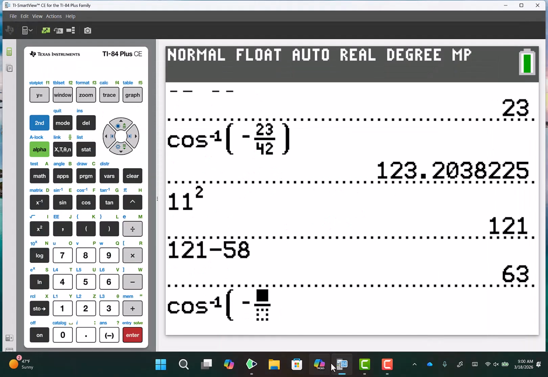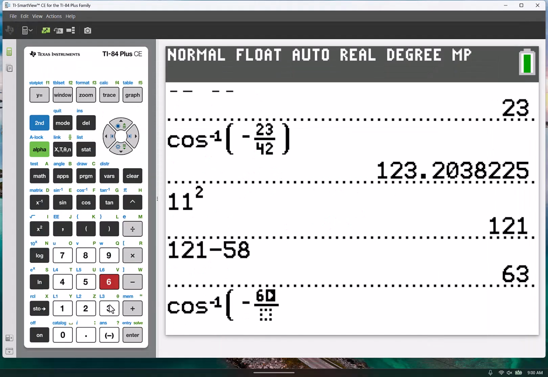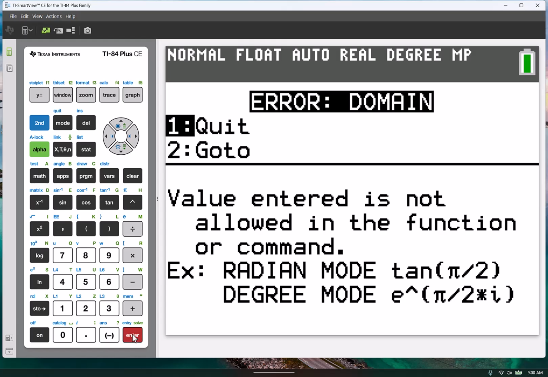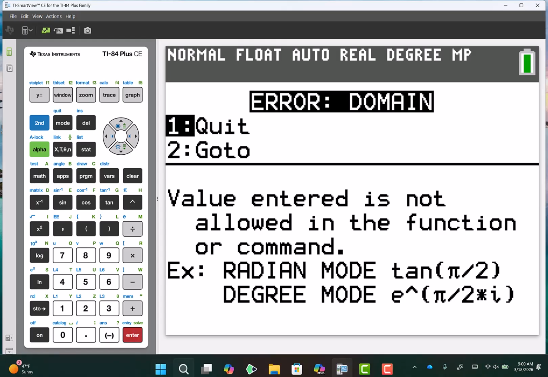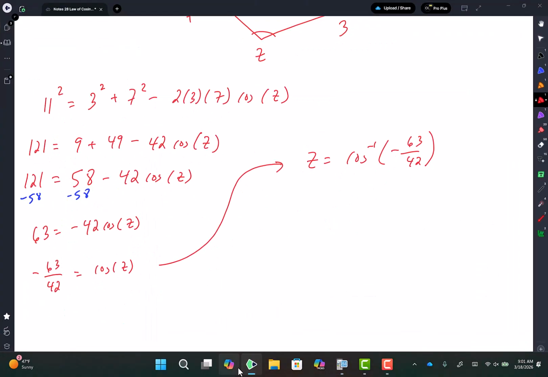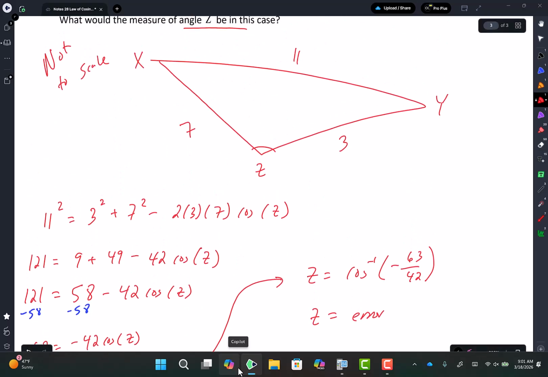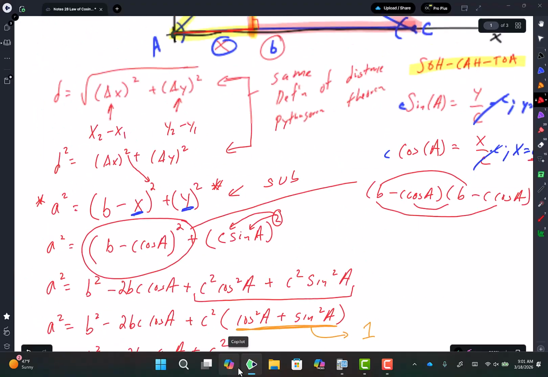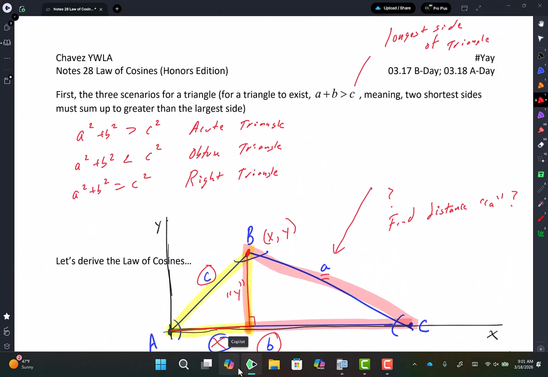What was it? 63 over 42. Look what the calculator tells you this time. Why did it do that? I did everything right. Because, guys, remember this rule that we talked about in the very beginning? In order for you to have a triangle, the sum of the two smaller sides must be greater than the longest side.